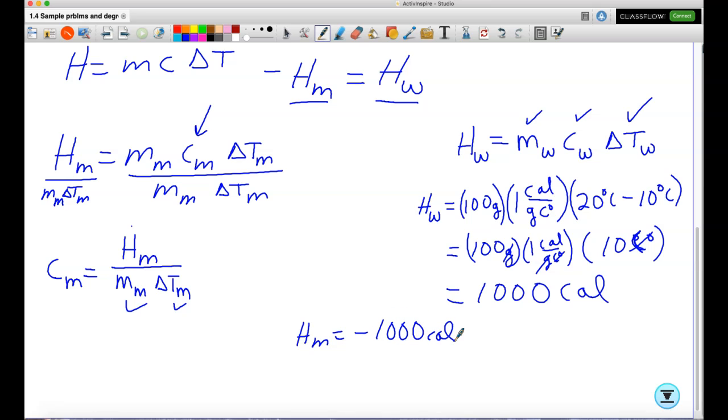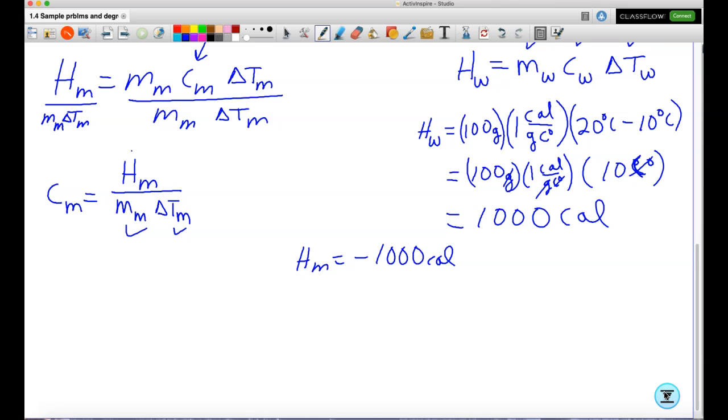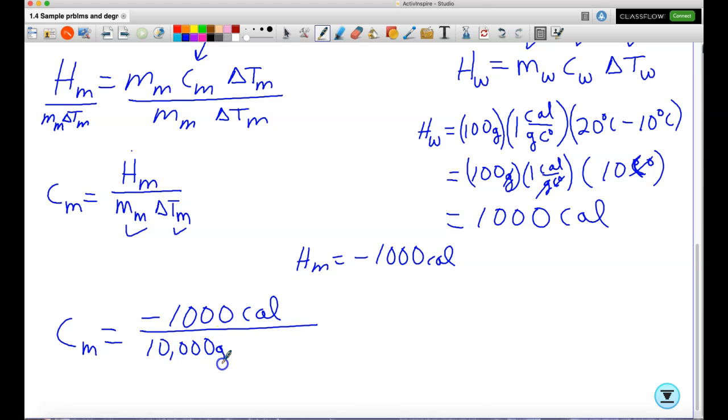Now I know the heat of the metal, and I can put that in to get my specific heat. So C, the specific heat of the metal, equals the heat that left the metal, minus 1,000 calories, all over the mass of the metal, 10,000 grams, times the temperature difference.